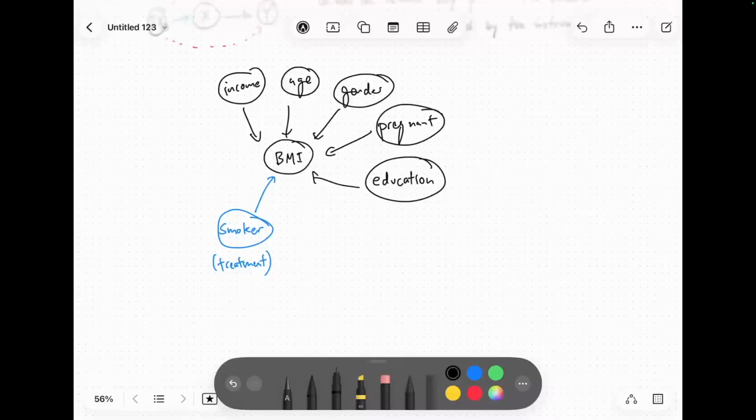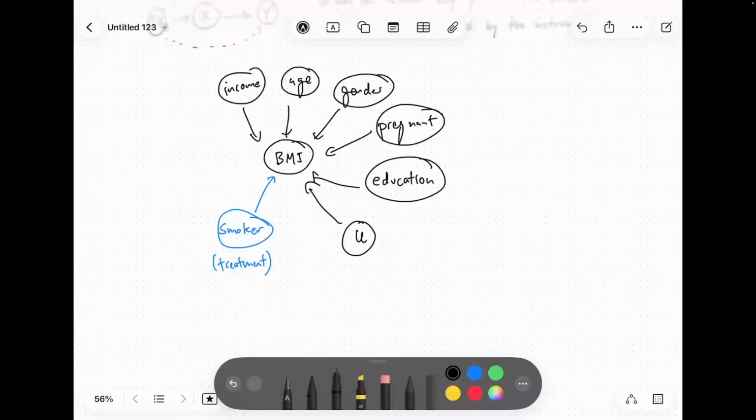So all of these can potentially affect your BMI. And so I'm a smoker, but then there's all this other variation that could be explaining BMI. And in fact, there's probably a bunch of unobserved variables that will affect it too. So we have our classic issue, potential confounders, and we have to deal with some way of explaining away the variation that's contributed by the confounders.